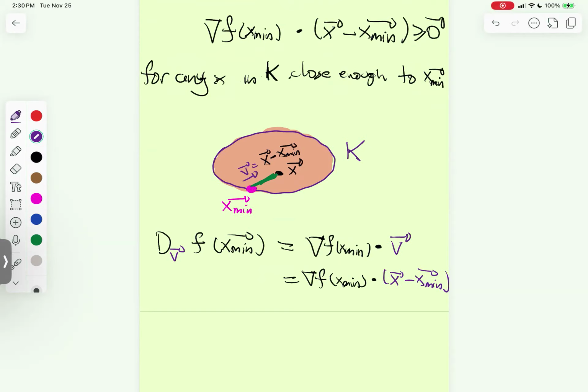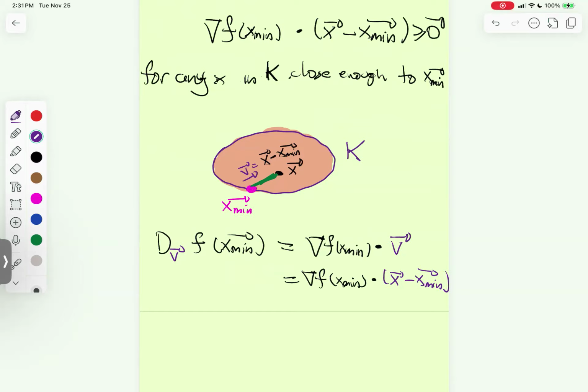Honestly, you don't need it to have unit length. This formula is still fine, even when it does have unit length. If you use the formula in terms of the limit, which I'm going to write down, it doesn't require a unit vector; that's a convention used in how to create.